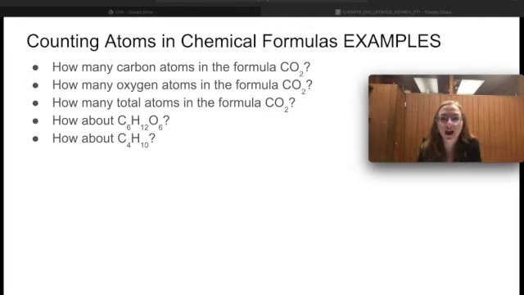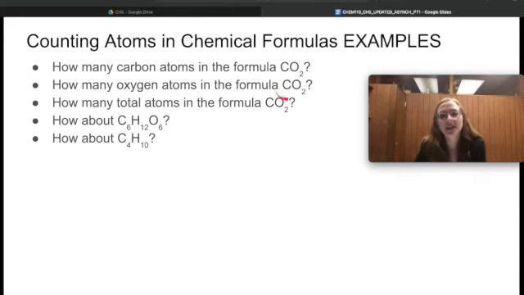So we want to figure out how many carbon atoms we have in our carbon dioxide molecule. Looking at this chemical formula, I see the capital C standing for carbon, and I can see that it's missing a subscript, aka it has a subscript of 1. So I have 1 carbon atom.